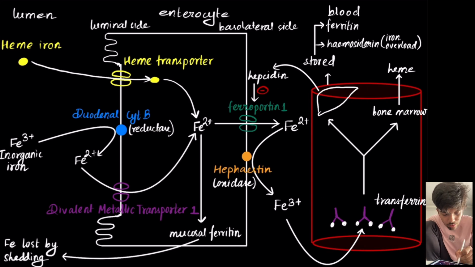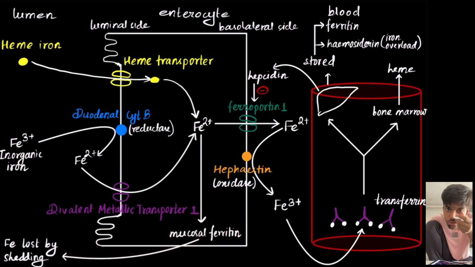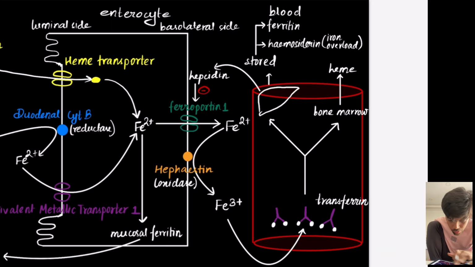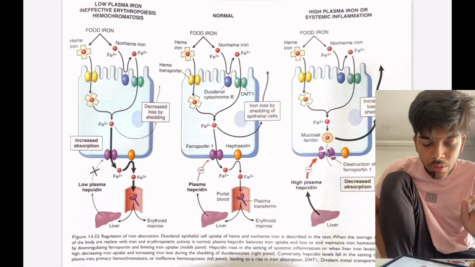Similarly, along with the inner lining, enterocytes also get shed. Along with the enterocyte, this iron or mucosal ferritin also gets shed and goes out of your body. Okay. Final revision. So here's the diagram.